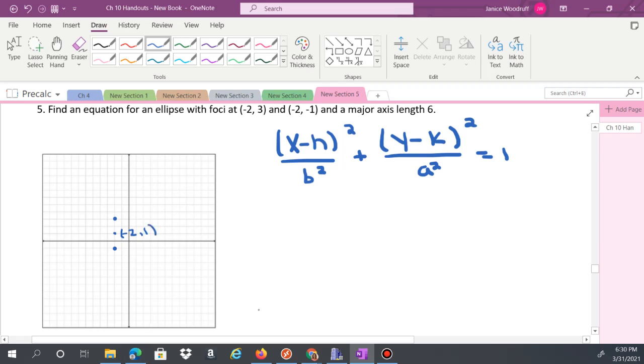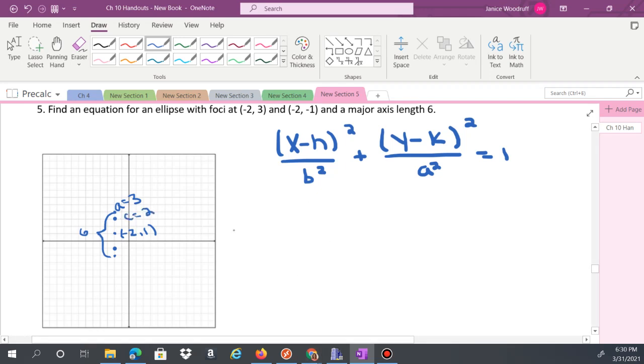Now that I know that the major axis is 6, I can do 3 up, 3 down for my vertices. So 1, 2, 3, 1, 2, 3. Okay, so that's going to give me a length of 6, which basically is telling me that the distance from my center to my vertex is 3. So my a equals 3. My c, that's 2 from the center, so my c equals 2.